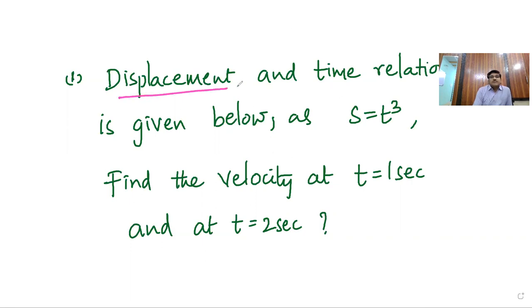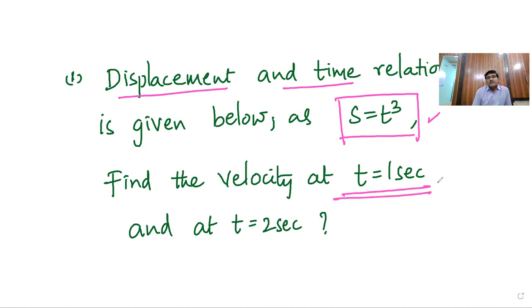Observe, displacement versus time relation is given as S is equal to t cubed. This is the relation provided to us. It requires velocity at t is equal to 1 second and velocity at t is equal to 2 seconds.